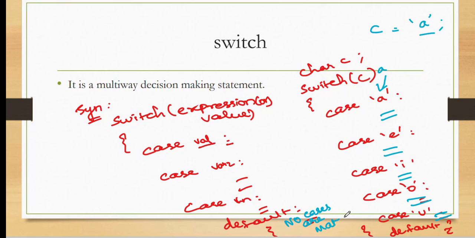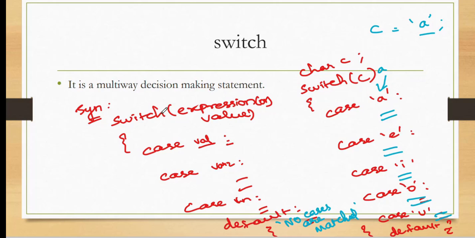For example, a person should enter the sex as male or female. If they do not give either case, then I can give a default, such as no cases are matched, or it is invalid. This is the use of the switch statement. Switch is a multi-way decision making statement.